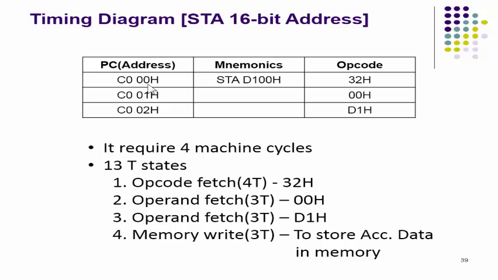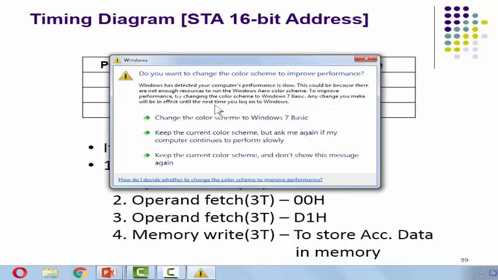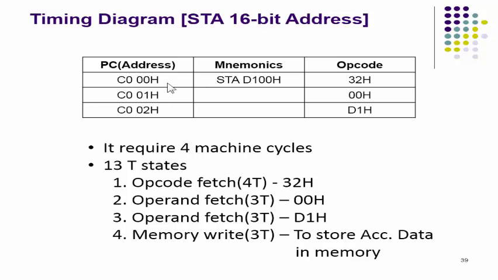Okay, and another 2 byte for the operand content or this address 00 and D1. Okay, so as the 3 byte instruction, we require 3 memory locations to store this instruction in the memory. So suppose this instruction is stored in the memory starting from C000.